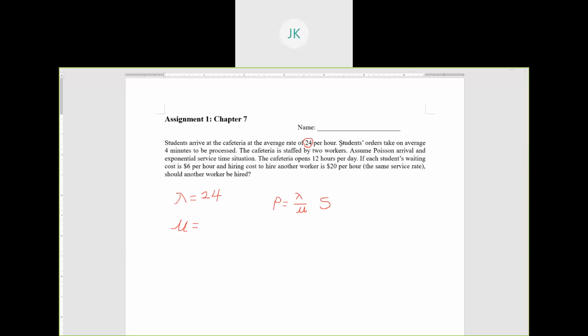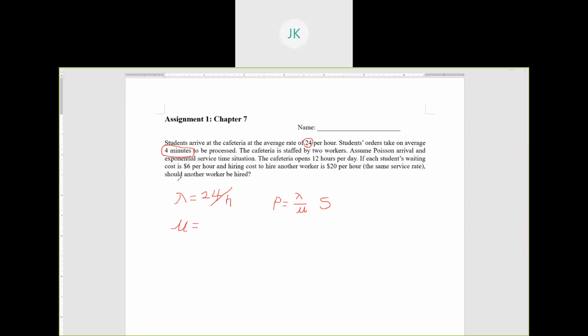It says student orders take on average 4 minutes. So one order takes 4 minutes. Again, service rate is not a time. How many? Lambda arrival rate is 24 per hour.